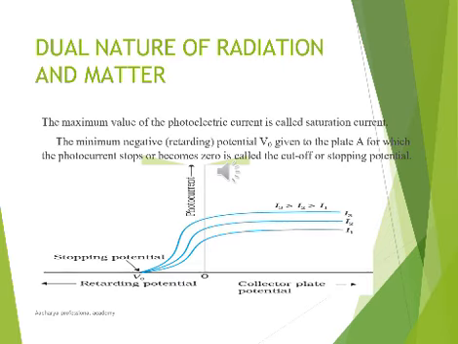So you must know the definition for the saturation current and the definition for the stopping potential. The minimum retarding potential that makes the photoelectric current zero is called stopping potential.